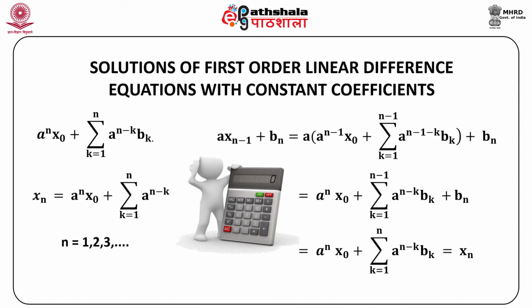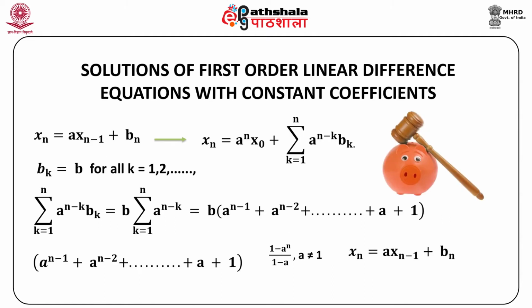Verification of the solution: substituting the value of x_(n-1) from 2 in the right hand side of equation 1, we get a x_(n-1) + b_n = a(a^(n-1) x_0 + summation from k = 1 to n-1 of a^(n-1-k) b_k) + b_n, which is equal to a^n x_0 + summation from k = 1 to n-1 of a^(n-k) b_k + b_n, which is equal to a^n x_0 + summation from k = 1 to n of a^(n-k) b_k, which is equal to x_n.